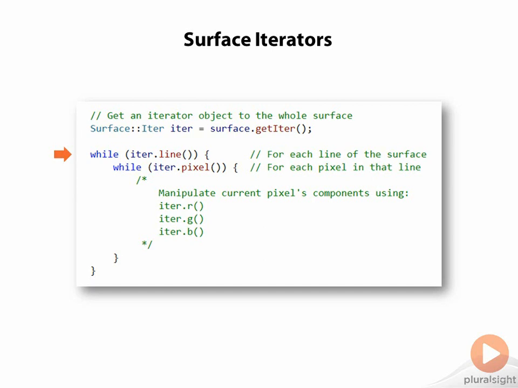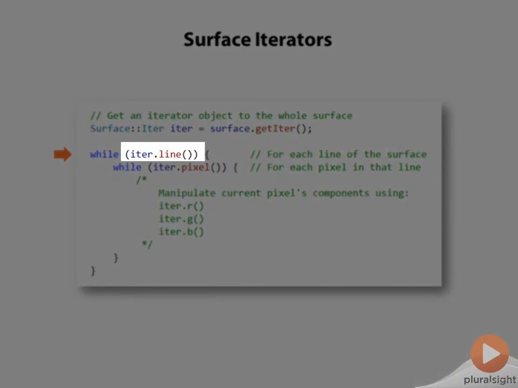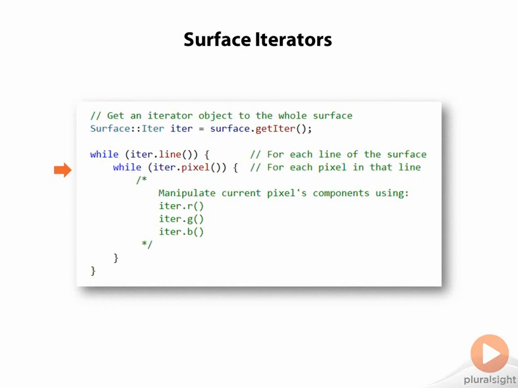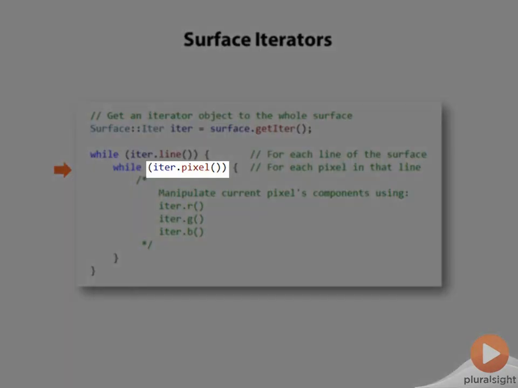To advance the current line the iterator is pointing to, the line method of the surface iter class is called. The inner loop iterates through all the pixels in the current horizontal line, starting from the leftmost pixel to the rightmost pixel in that line. To advance the current pixel the iterator is pointing to, the pixel method of the surface iter class is called.